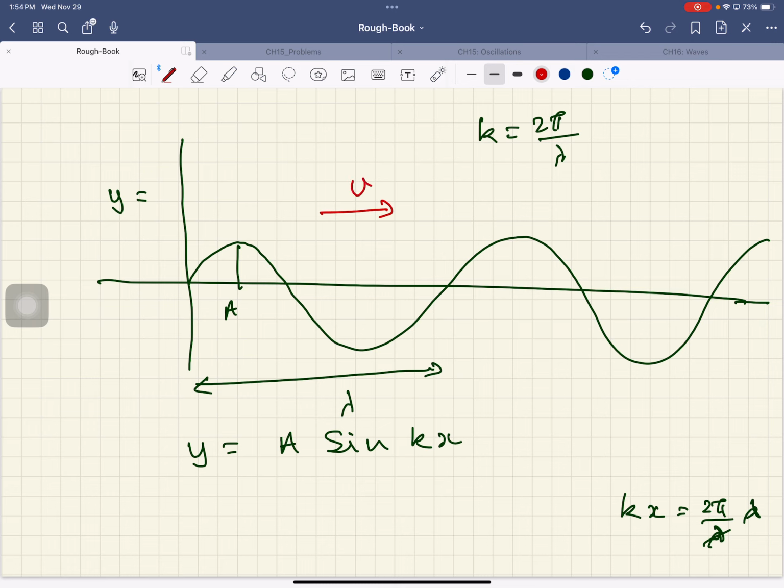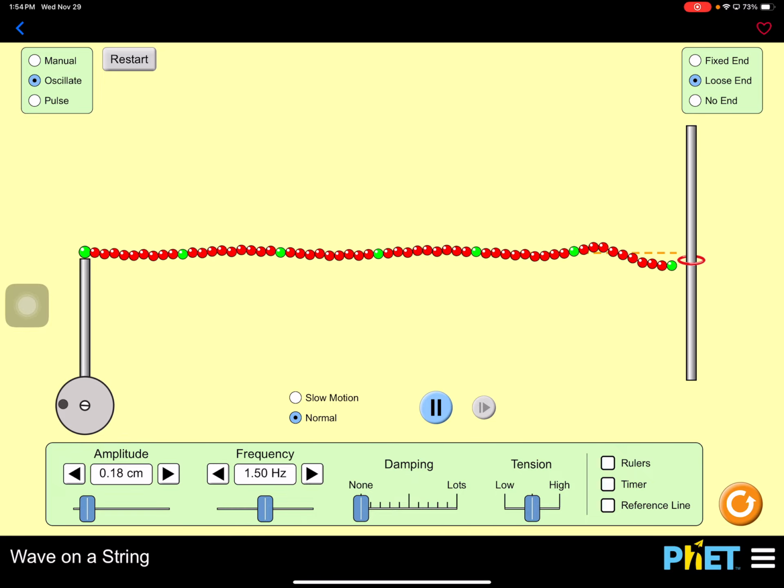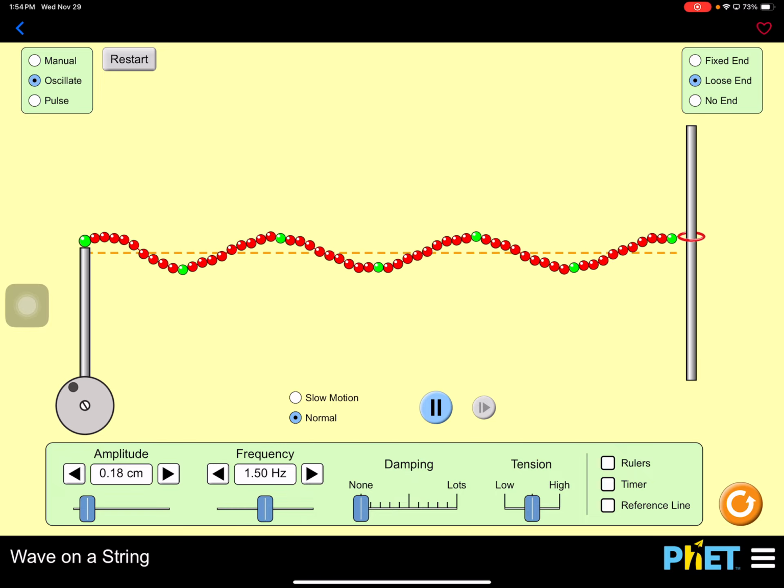A sin k(x − vt). There you go. What is this? A sin k(x − vt). What is that? You just described that traveling wave.